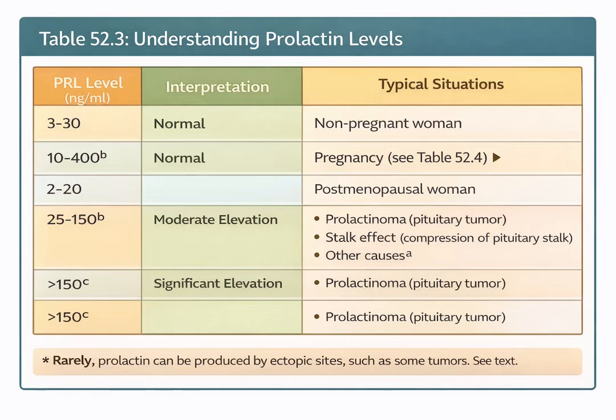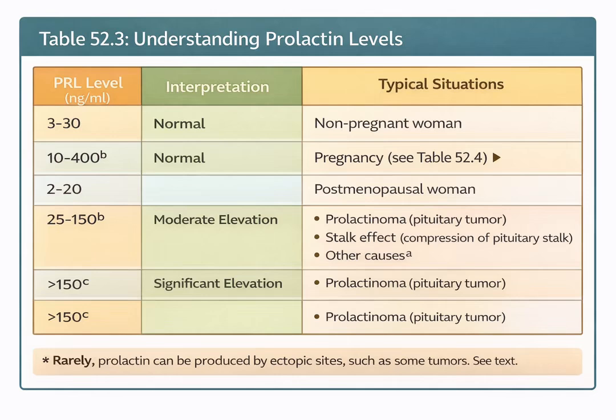This means there is a 75% chance that the raised prolactin is actually from prolactinoma, and 25% chance that it is stalk effect. If it is 100, then 50% chance of prolactinoma, 50% chance of stalk effect. If it is 200, then it becomes 100% due to prolactinoma. So any elevation more than 150 is considered to be prolactin raised due to prolactinoma.